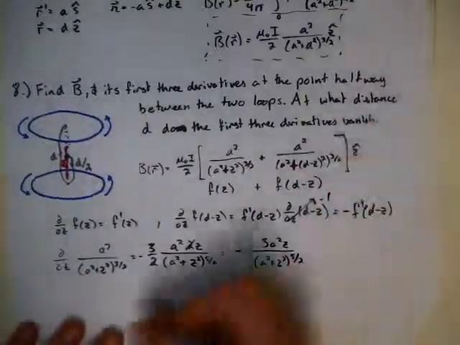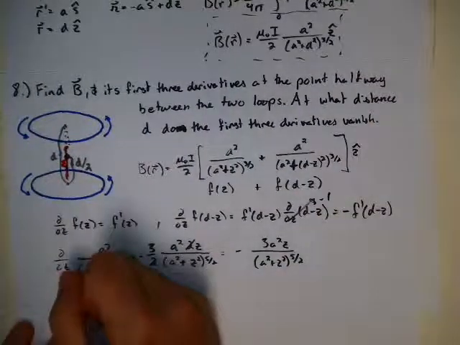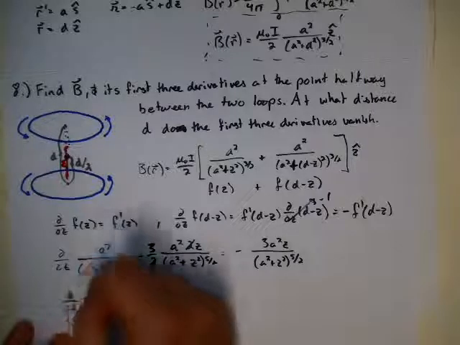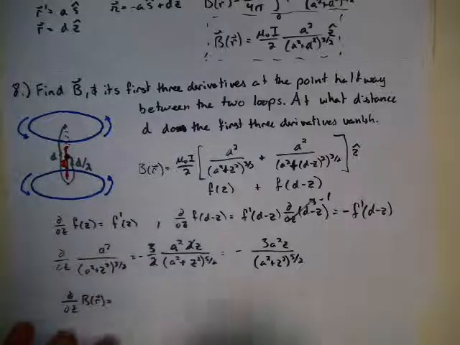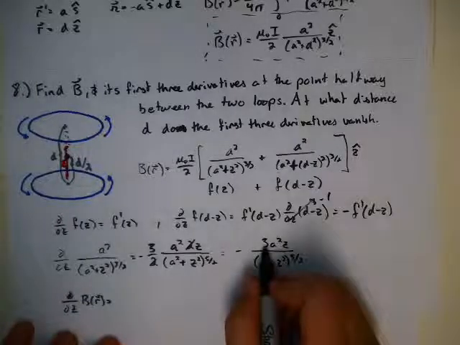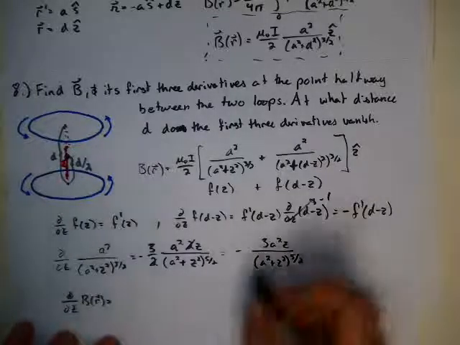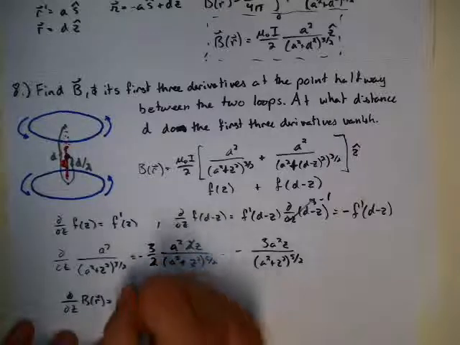So I can immediately write down what the first derivative, or the first partial z of B of r, is going to be. I'm going to factor the 3 out, and the minus.